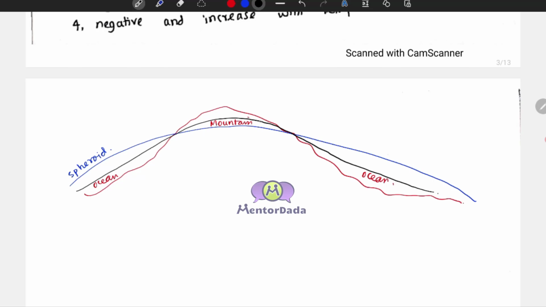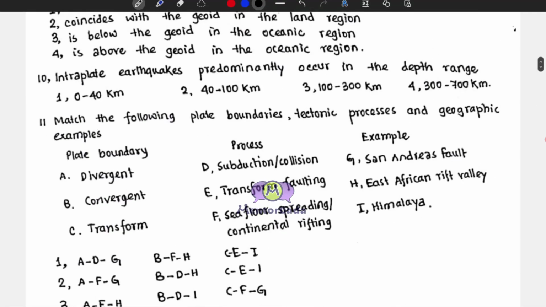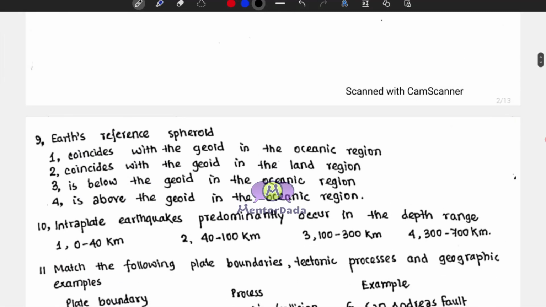Okay, this is the geoid. So in the oceanic region, the spheroid is situated above the geoid. And in the mountain region, in the elevated region, the spheroid is situated below the geoid. So option number 4 will be your correct answer.